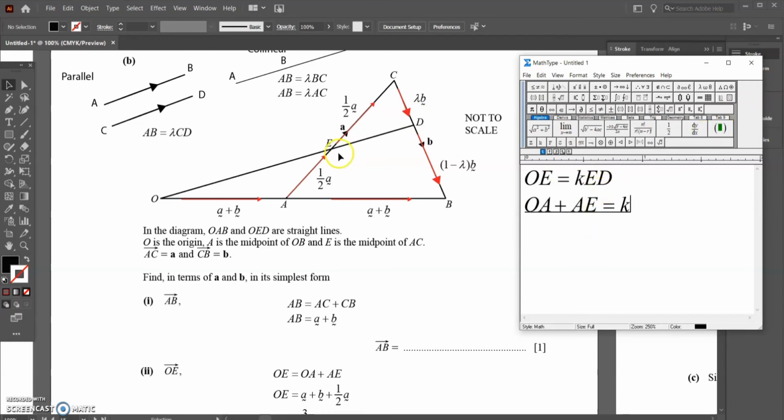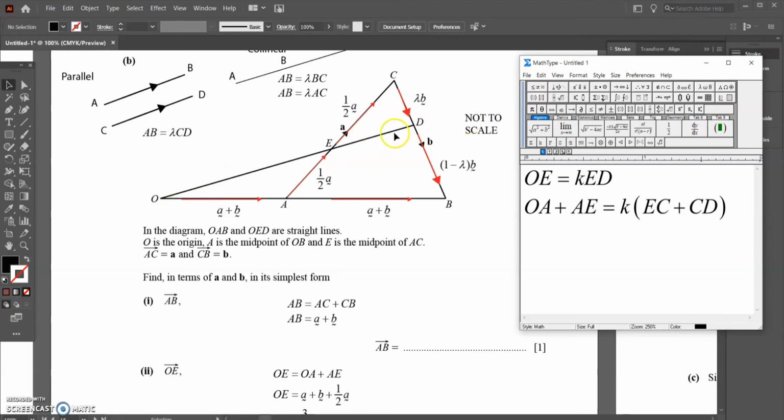So what's ED? E to D is EC plus CD. EC is 1 over 2 A. I'll write that here first. OE equals K times ED, because they are collinear, in one straight line.